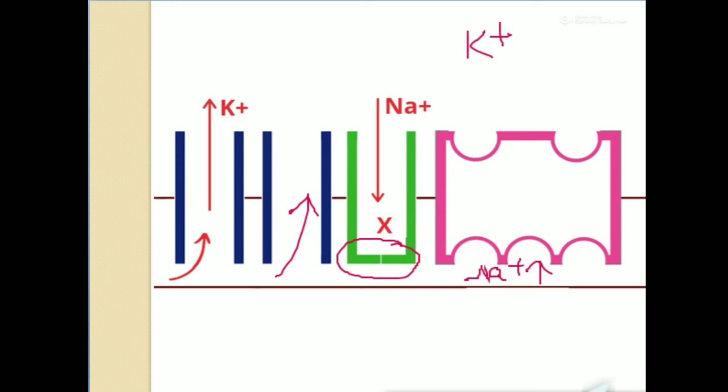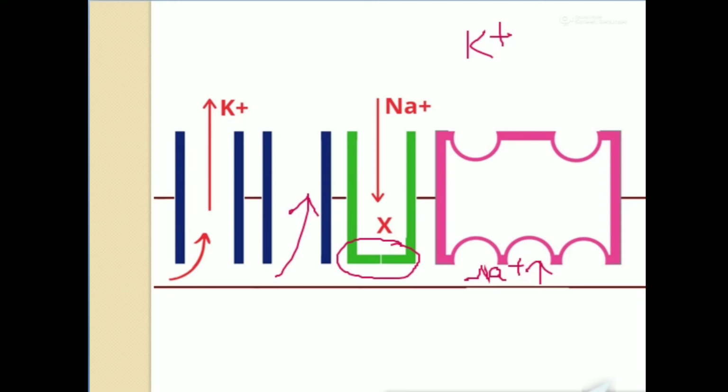That also causes negativity inside the cell and positivity outside the cell. But there is a difference. What is the difference? In the first case, potassium concentration inside the cell is higher and sodium concentration inside the cell is lower, which means sodium concentration outside the cell is higher.